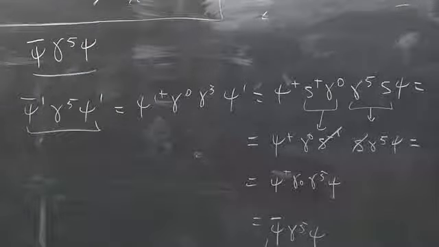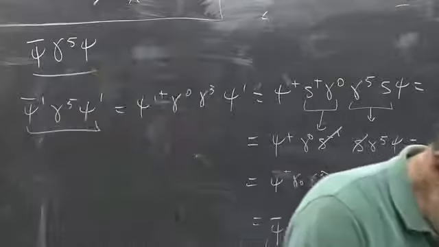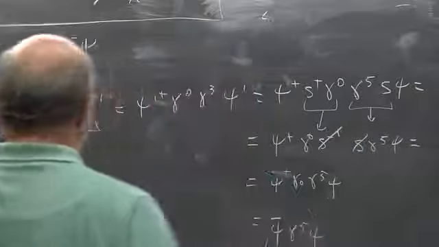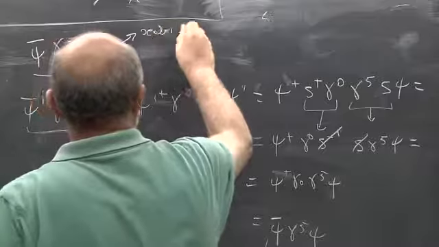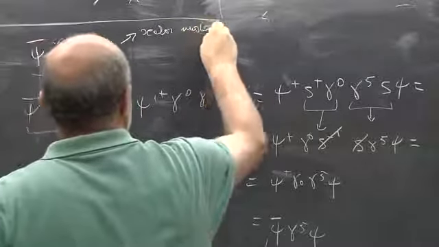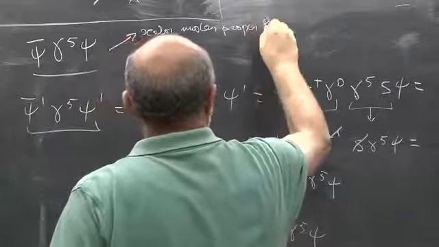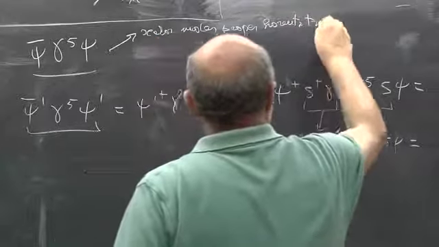But now let's see what happens when instead of doing a proper Lorentz transformation, I do a space inversion. So this is a scalar under proper Lorentz transformation.